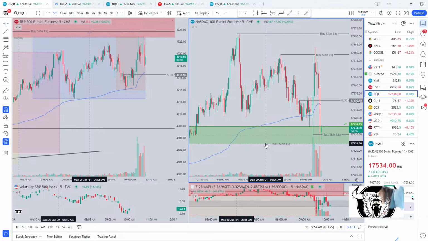Alright, so we're not in anything right now, but we are trying to come out of this demand zone after hitting that sell side liquidity. All the people who are going short trapped right now underneath that previous pivot. Look at that. Huge. We could have grabbed that for a scalp right there. Quick 10 points.